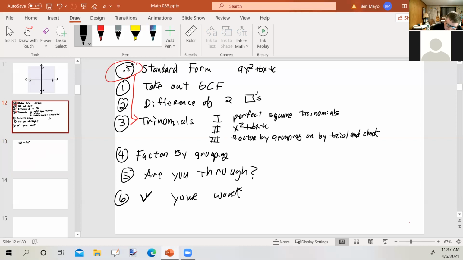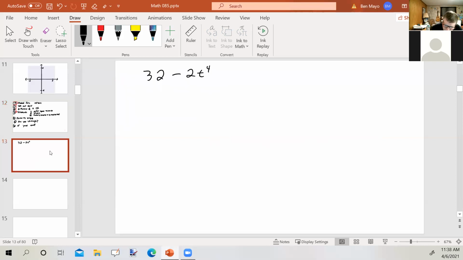But even before that, I want to see, is there a greatest common factor? Is there a greatest common factor we could take out of that? Look carefully. Anybody? 16 and 2. A 2. Good. So then we get 16 minus t to the 4th.